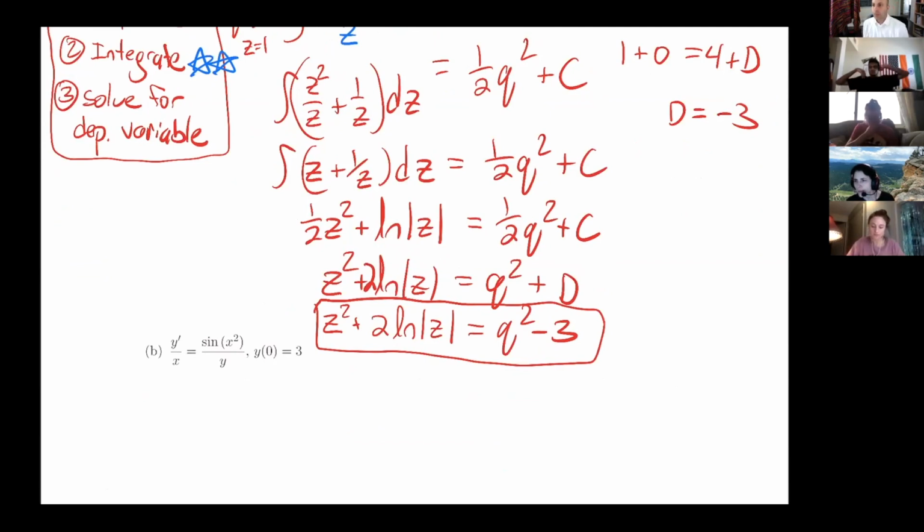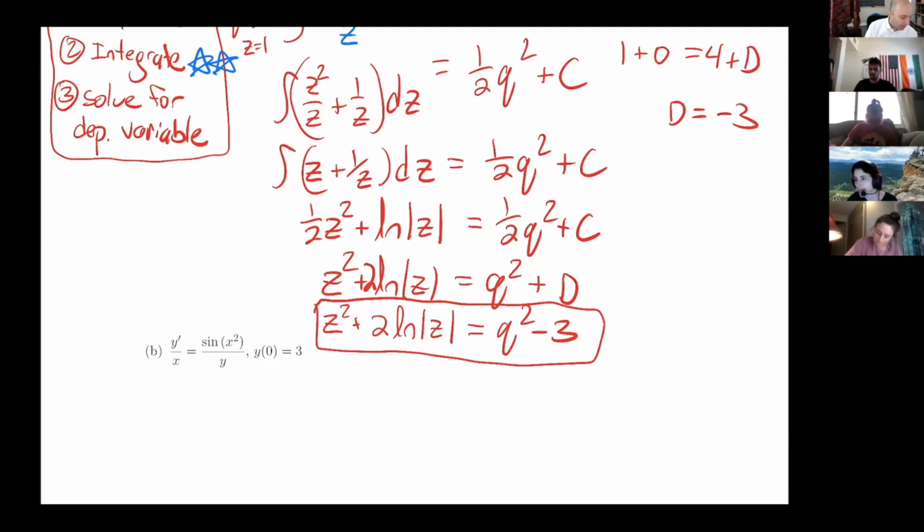When we did ours, we didn't multiply by 2. So we ended up having z squared over 2, and the natural log of absolute value of z equals q squared over 2. So when we did the constant, we ended up with -3/2. Yep, and that's okay. It's equivalent, right? If you took that equation and multiplied both sides by 2, you would get exactly what I have here.